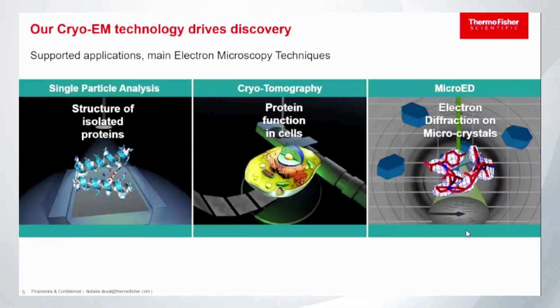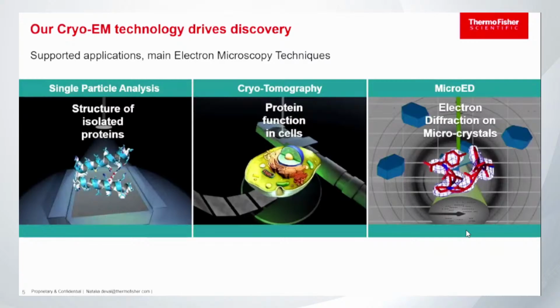And microelectron diffraction, MicroED. I don't know who is familiar with MicroED here. Wow, okay. I don't want to spend so much time on that technique because probably it's not your main goal, but it's important for you to know that it is evolving very quickly right now too.